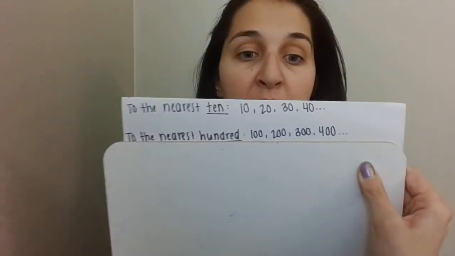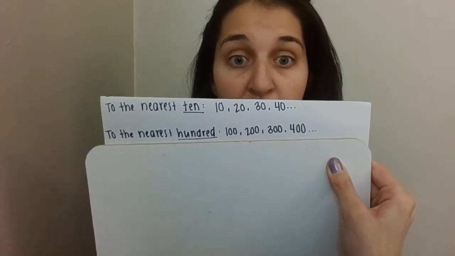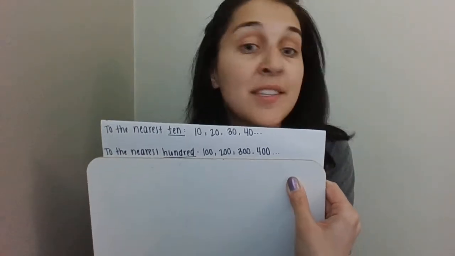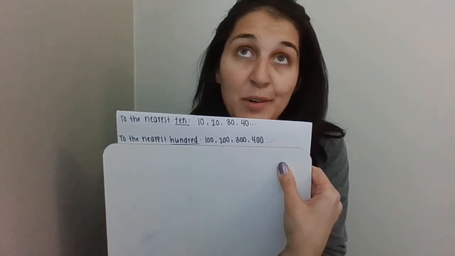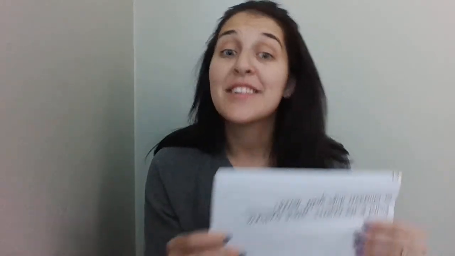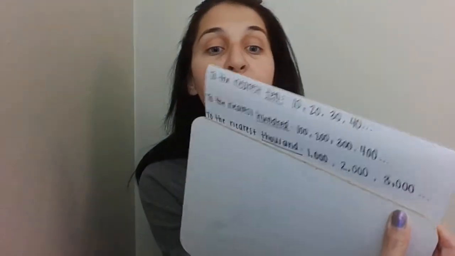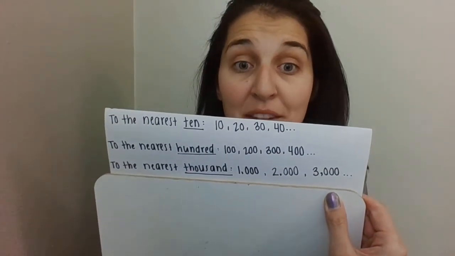If you're asked to round to the nearest whole 100, which they probably won't say the word whole, they'll just say round to the nearest 100, your answer will be 100, 200, 300, 400, on and on and on. But notice the tens and the ones are zeros because you're rounding to the nearest whole 100. And likewise, if you're rounding to the nearest 1,000, your answer will be 1,000, 2,000, 3,000, and so on. But the numbers in the hundreds, tens, and ones places are zeros.